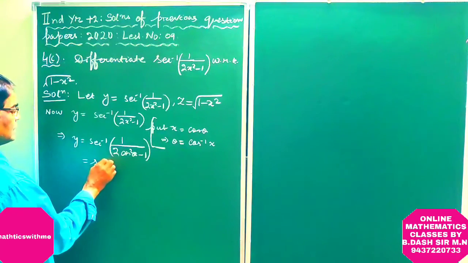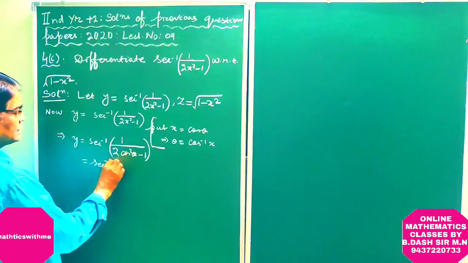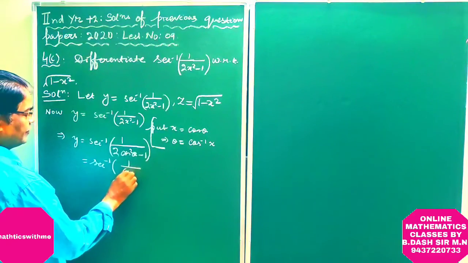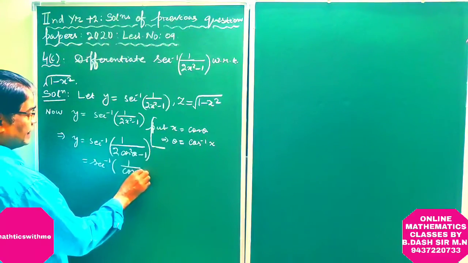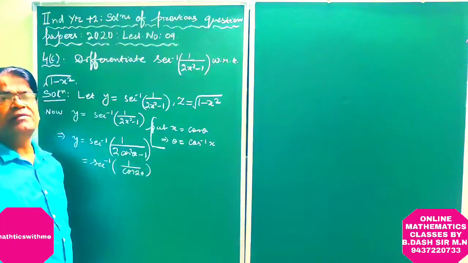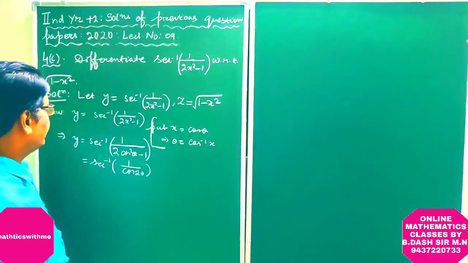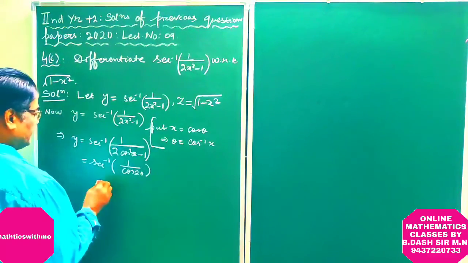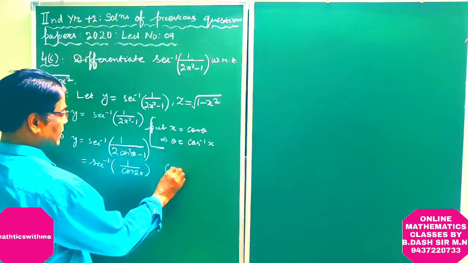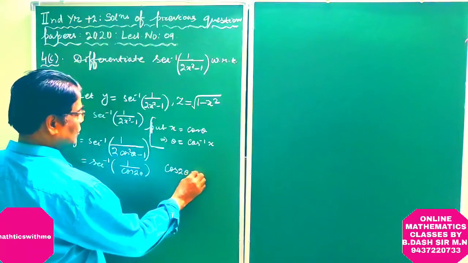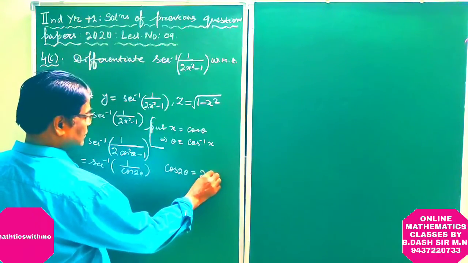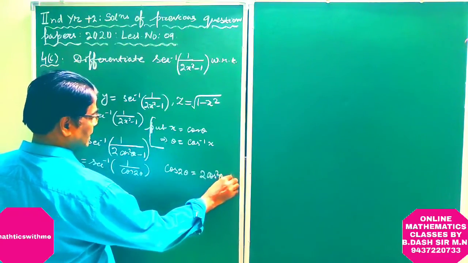This is equal to sec inverse of 1 by cos 2 theta, because cos 2 theta is equal to 2 cos² theta minus 1.